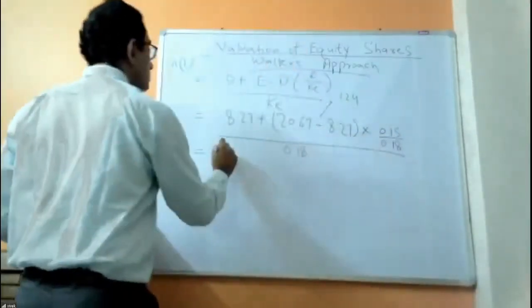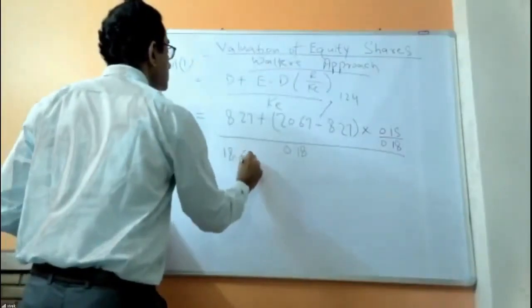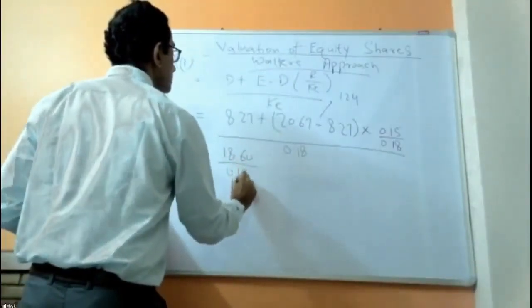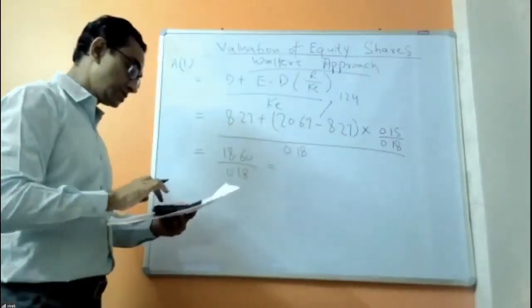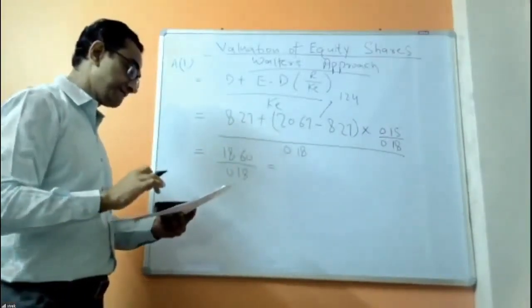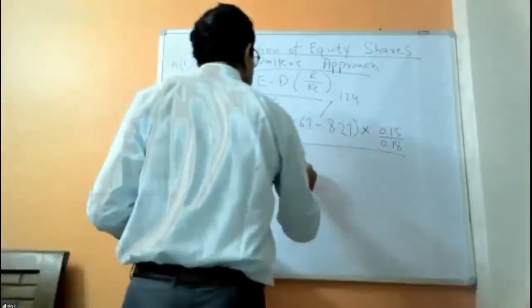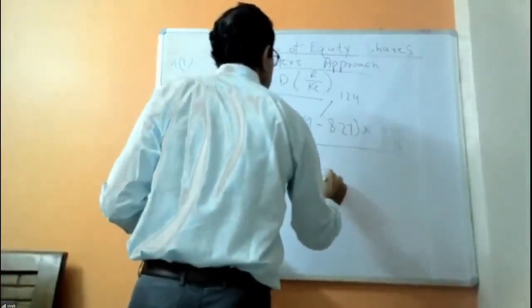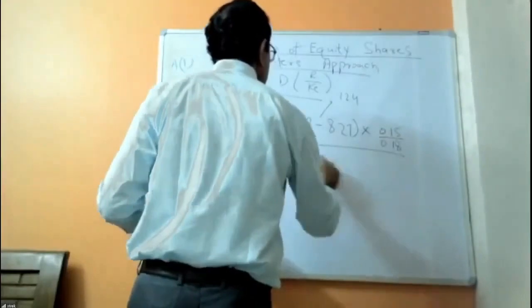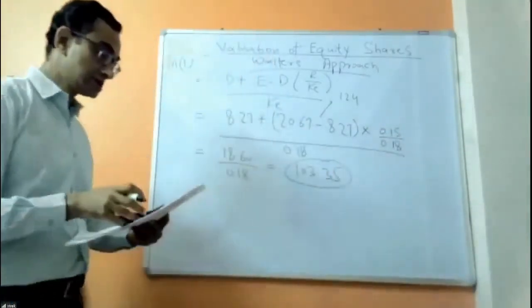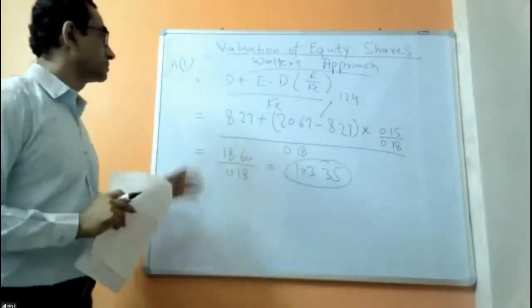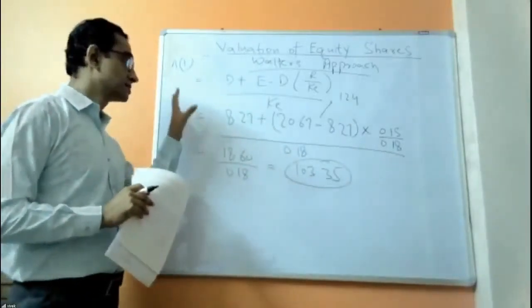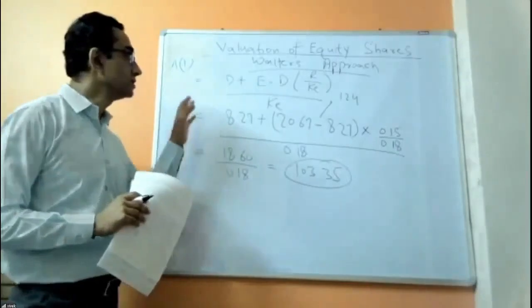So it is coming to 18.60 divided by 0.18, which is 103.35. So as per Walter's model, the answer which is coming is 103.35. So this is somewhat similar to the calculation in this question.